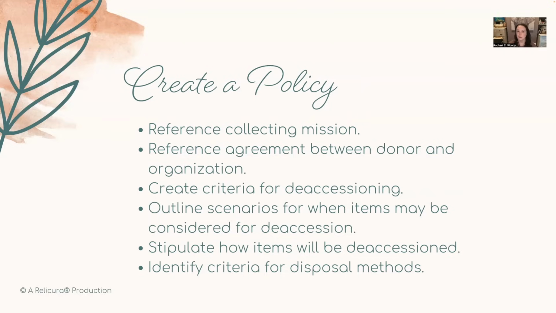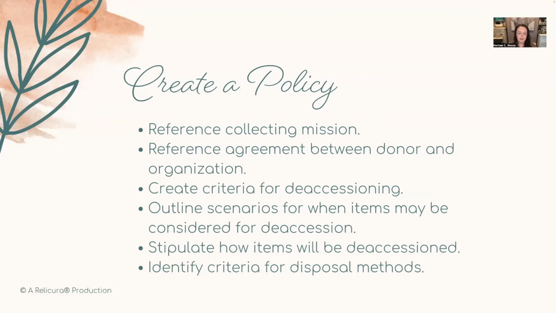It's perhaps more of an annual or every other year review, or pick a thing that makes sense for you in terms of the amount of stuff that comes in, how much space restriction you have, stuff like that. In addition, there may be other scenarios, like if we move storage facilities or have an abrupt decrease in staff, things like that that would trigger a major "we have to look at everything now to possibly deaccession."